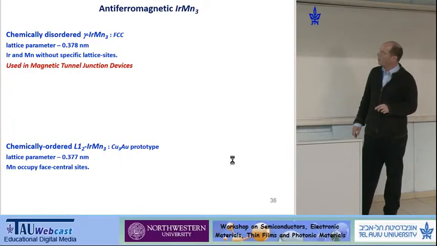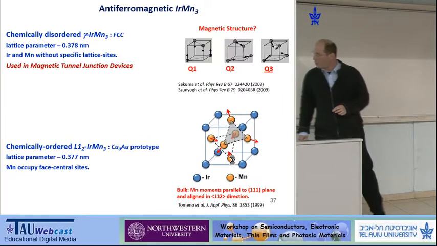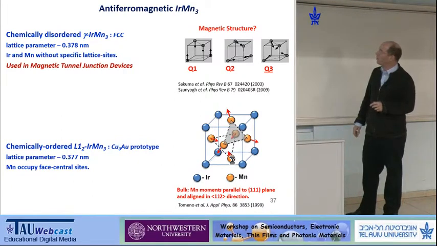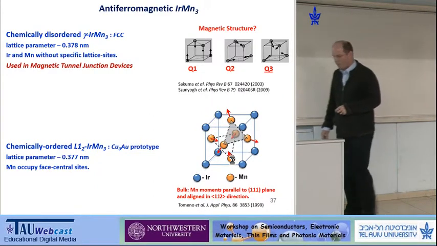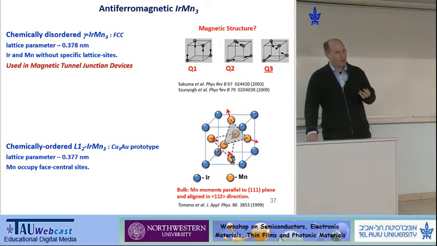It's the chemically disordered one, the FCC structure. And very interestingly, the structure was not known. There were 3 possible cubic symmetry type structures that were offered, called Q1, Q2, Q3 in these papers, where probably it would be Q3. And I just found it interesting that it's a material very widely used because of its magnetic properties, yet the actual magnetic structure is not known.